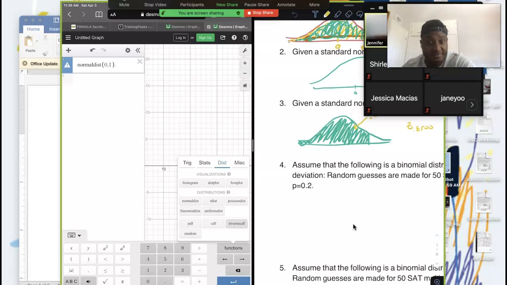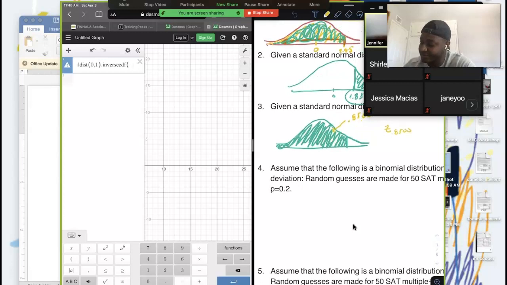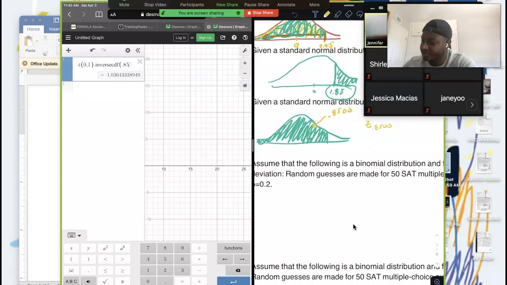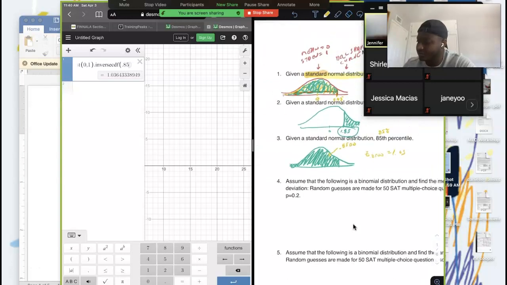Inverse CDF, and then you enter your percentile. So it's the 85th percentile, so 0.85. And that gives me my z-score. You guys cool with that?